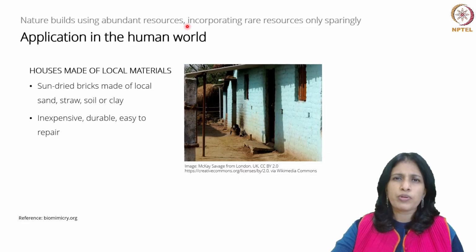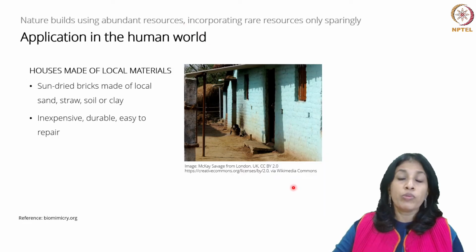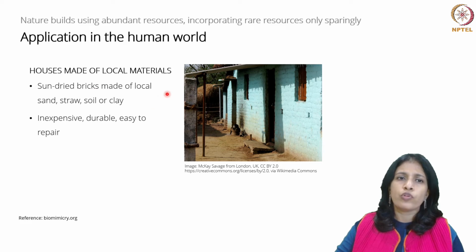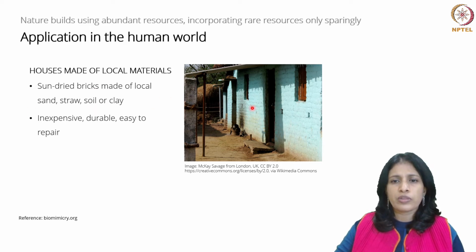An example from the human world for this would be these homes that you see mostly in rural areas. They use sun-dried bricks that are made of local sand, straw, clay, etc. Now these don't require a whole lot of sand to be mined from river quarries, etc. So using abundant resources is a lesson that these homes readily take.